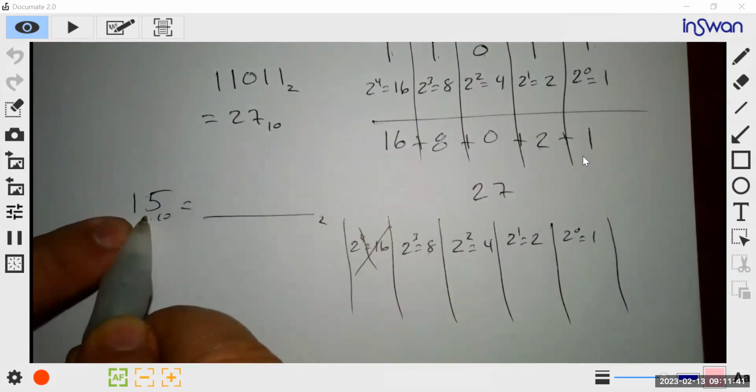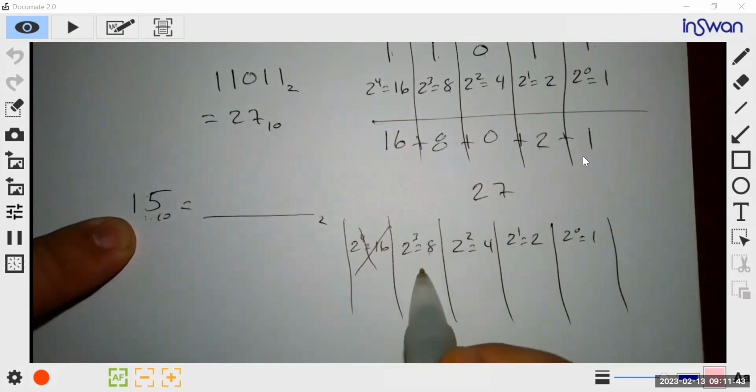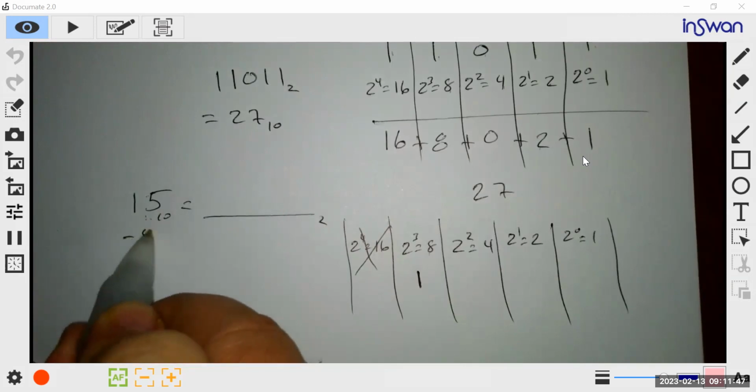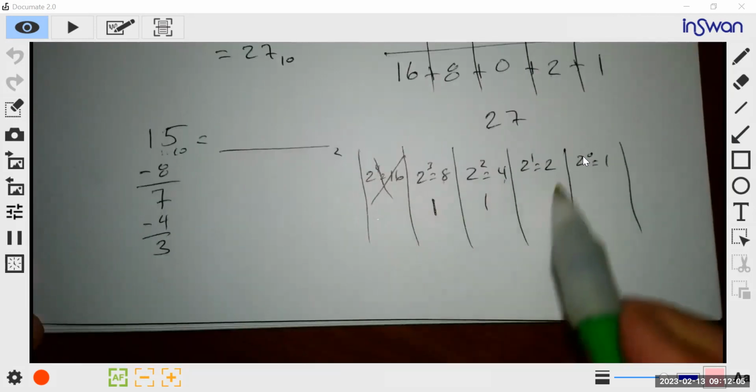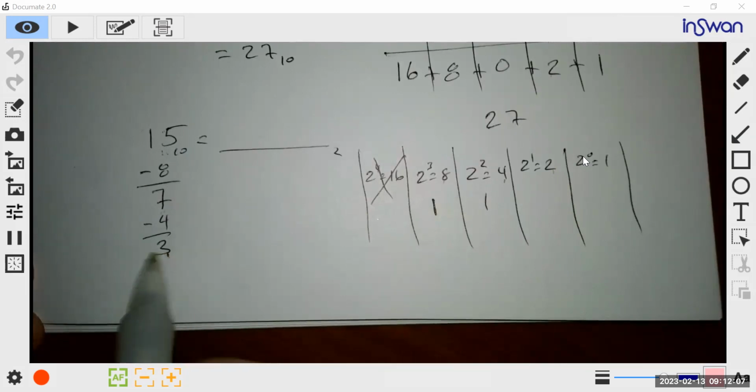8 fits in 15, right? So I subtract it. I can use this. So I subtract 8 from there, leaving me with what? 7. Does 4 fit into 7? Yeah. So I subtract it. Does 2 go into 3?